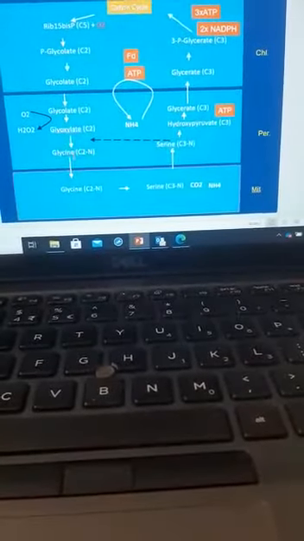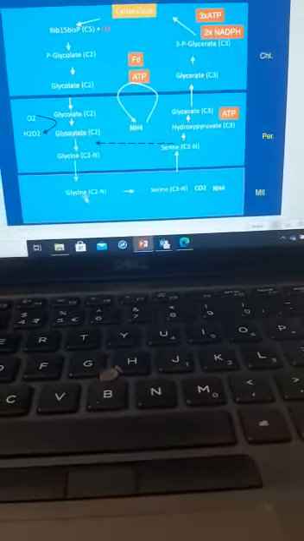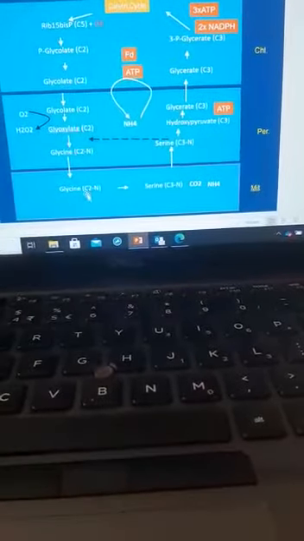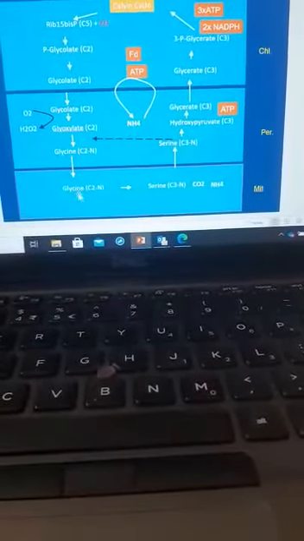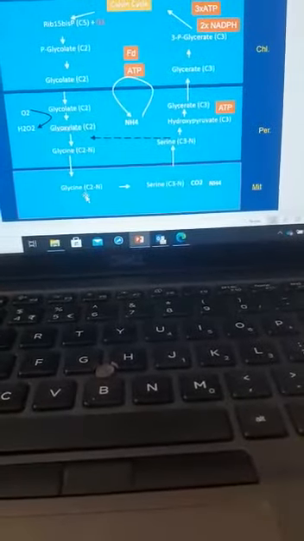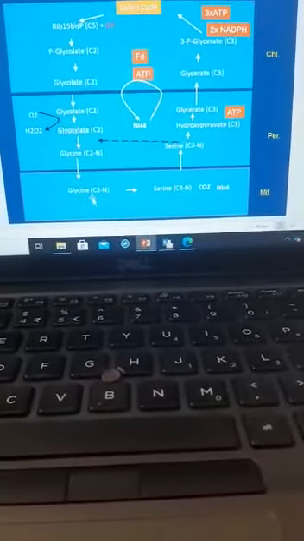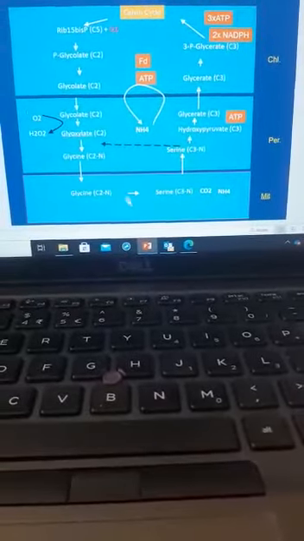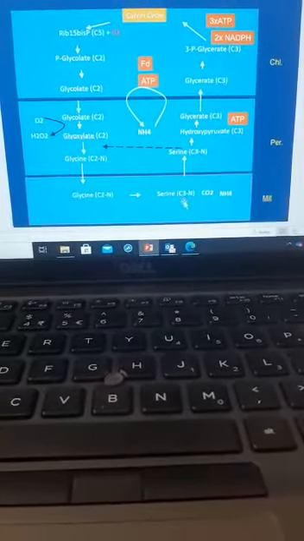Lastly, this glycine is delivered into the mitochondrion, and another glycine is delivered into the mitochondrion. Two of those glycine molecules will interact with each other, and that interaction is going to yield one amino acid called serine.